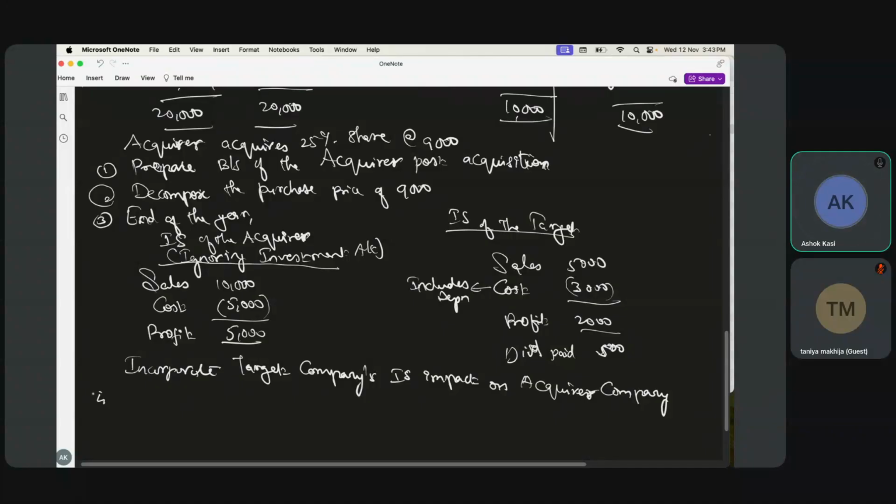Then next, reflect appropriate changes on the acquirer's balance sheet. Okay, this is the question.